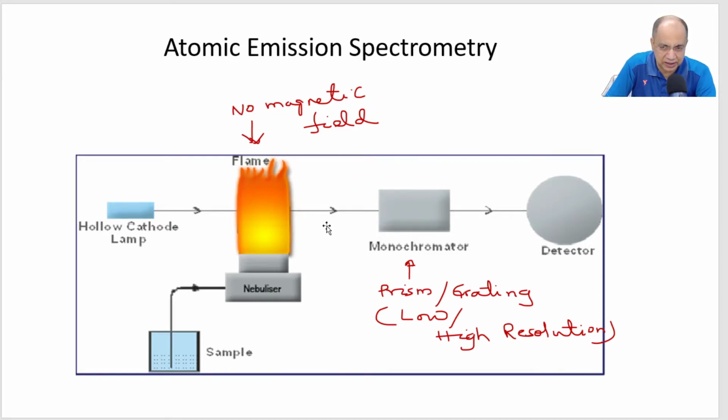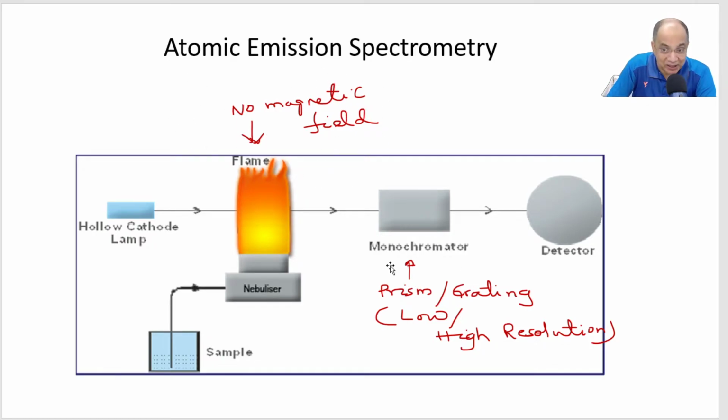Now, this is the most vital part of a spectrometer, which will resolve the individual monochromatic radiations from this mixture, and this will detect the spectrum. It will give you the spectrum, right? Now this is ordinary, there is no magnetic field here, right?